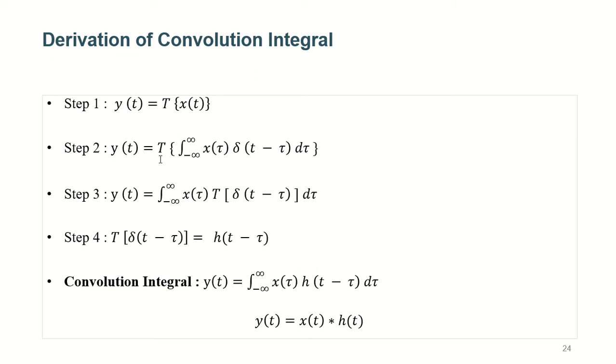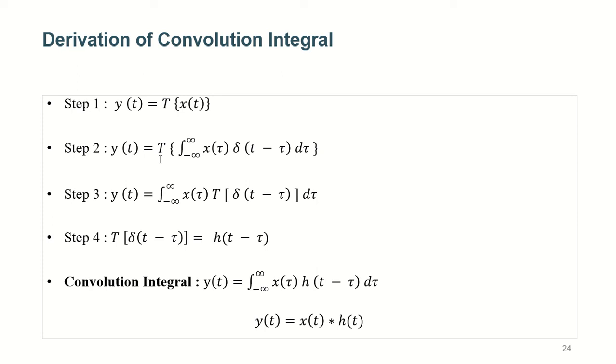Now x of tau is the amplitude of x of t at t equal to tau. Agree, right? What is x of tau? x of tau is nothing but the amplitude of x of t at t equal to tau, right? So if t is equal to tau, you can put tau or t instead of each other, and it will become a constant.